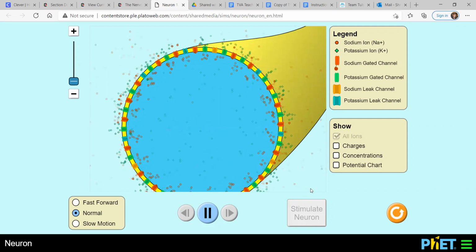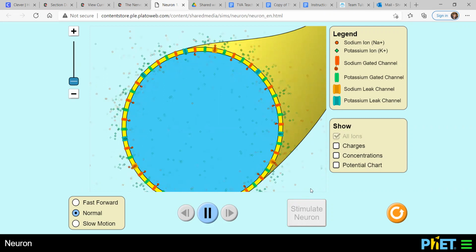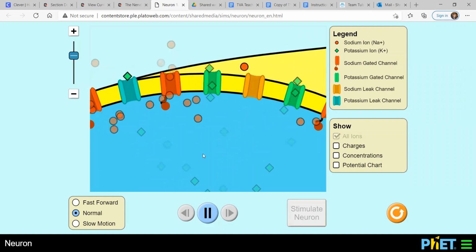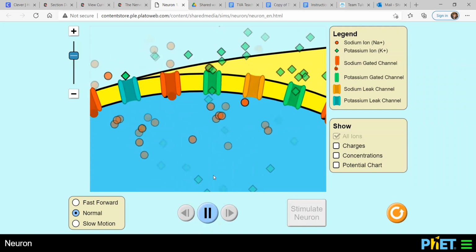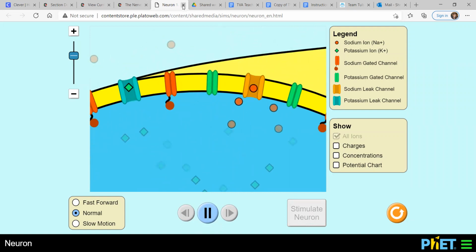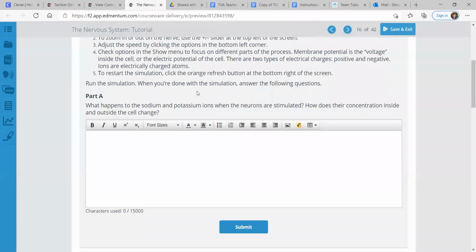Looks like there are more sodium inside and more potassium outside of the neuron when that happens. Bam. I zoomed in a little bit. So it's letting in sodium and it's letting out potassium. So what's going on there?